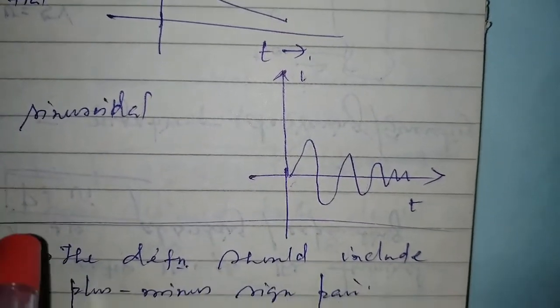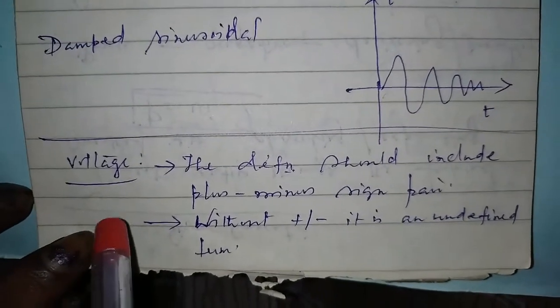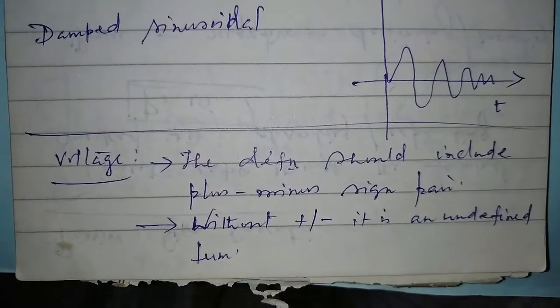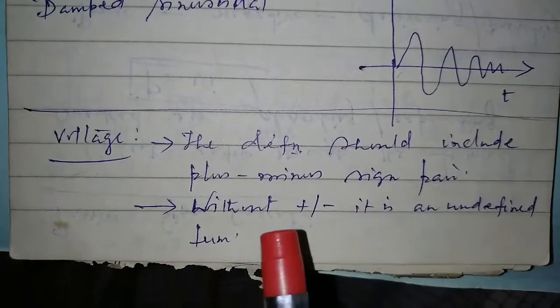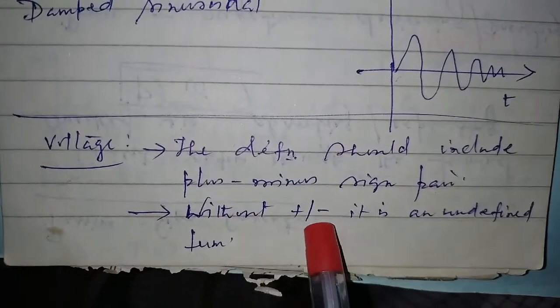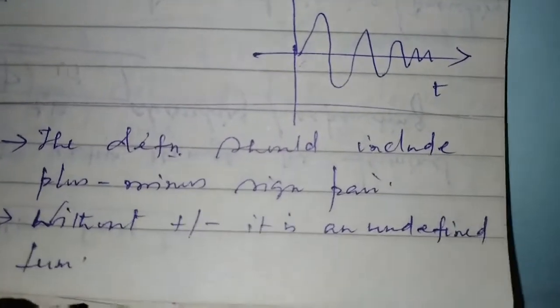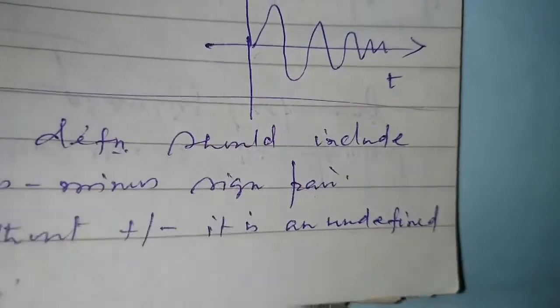Now, let us see certain points regarding voltage. The definition of voltage should include a plus minus sign pair. If it is marked without a plus minus sign pair, it is an undefined quantity. Mind you, always voltage should be marked with a plus minus sign pair.